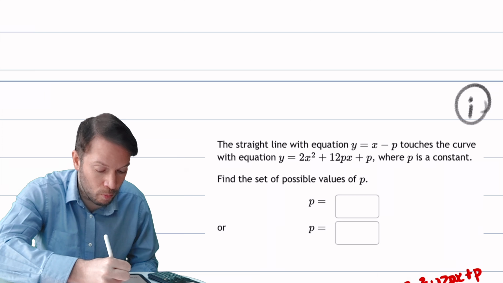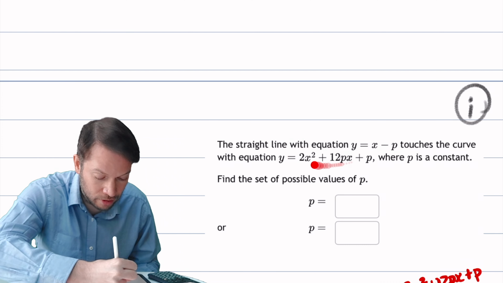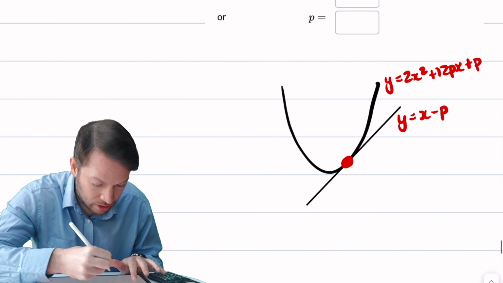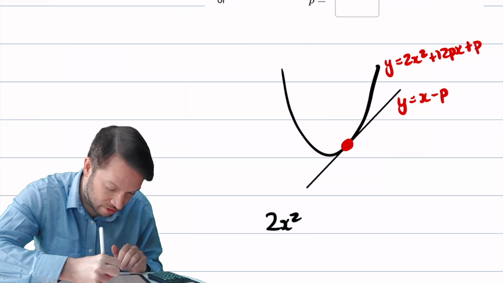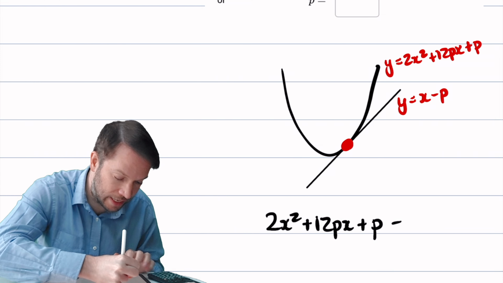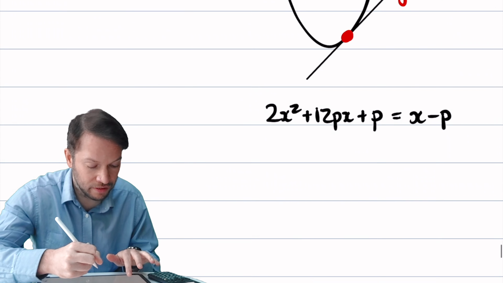Now, it's already in the form y equals something, y equals something. So we can equate these two to solve simultaneously. So we're going to write 2x squared plus 12px plus p, and that's equal to the y value of the other line, which is x minus p. So let's try and solve that.